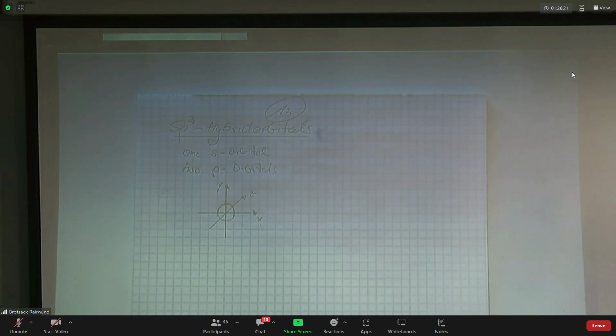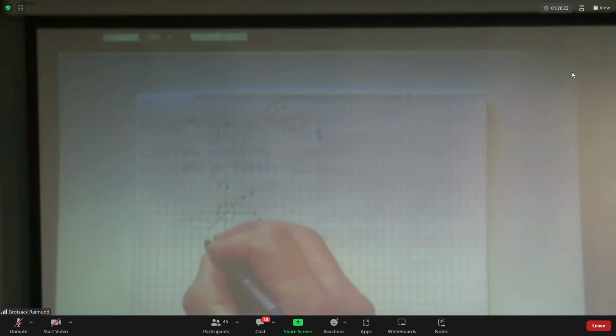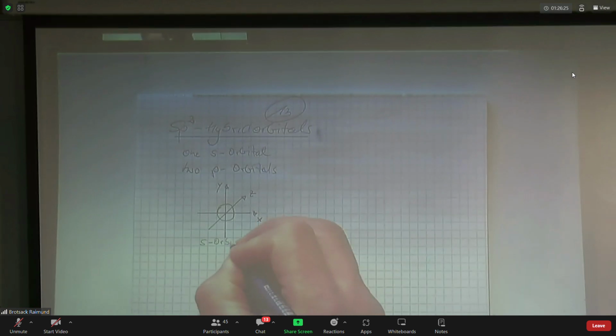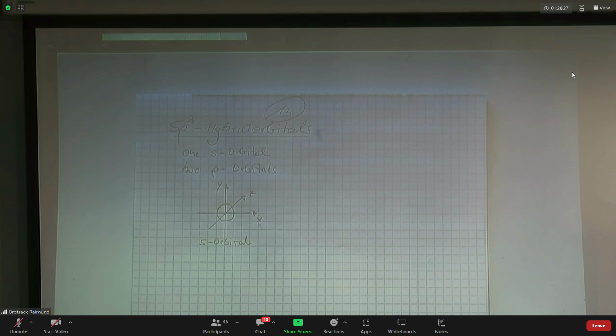That is the s orbital. And we have 2 p orbitals.